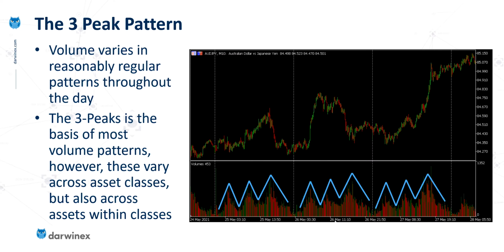And you can see that pattern here repeating fairly consistently over a 3-day period. However, what we're going to start looking at today is how this pattern varies across different asset classes, but also within asset classes. But why is this so important?